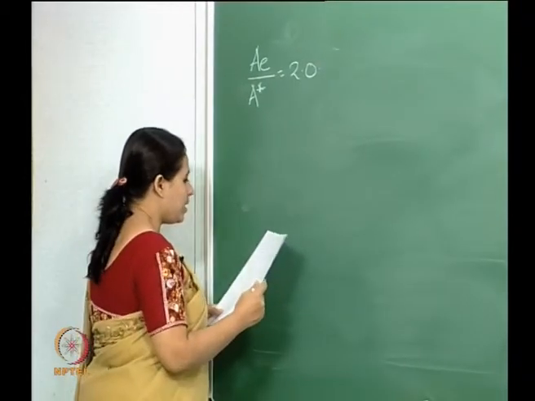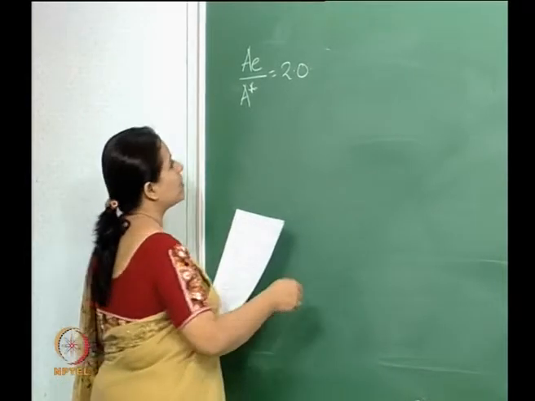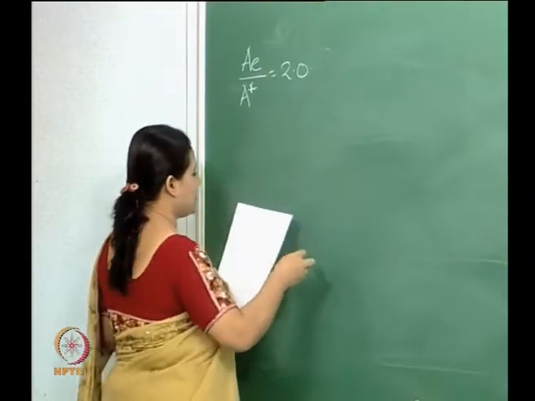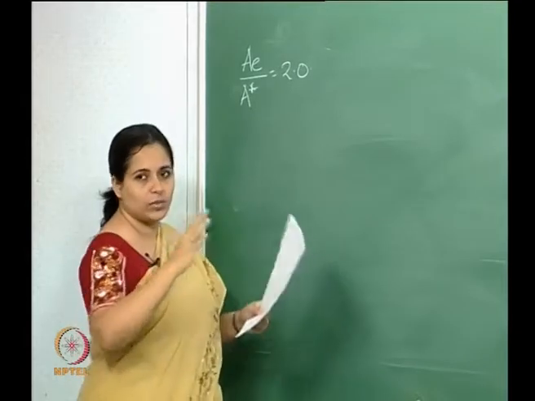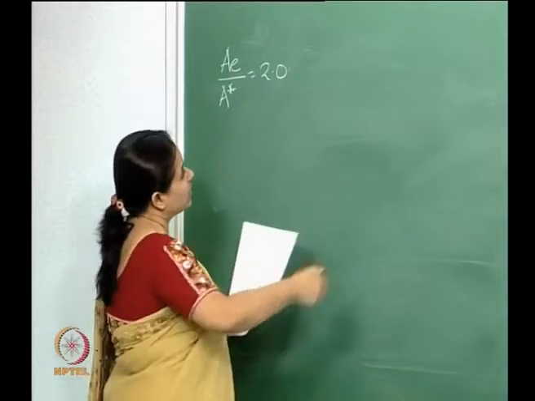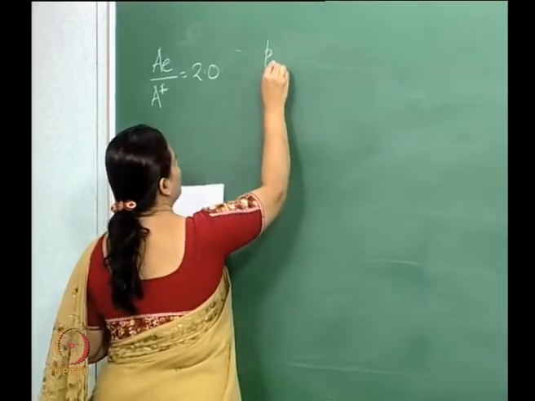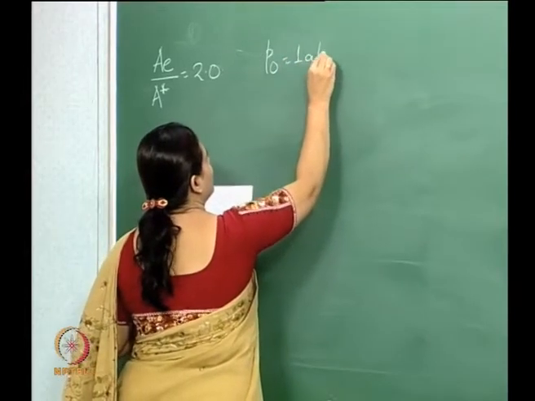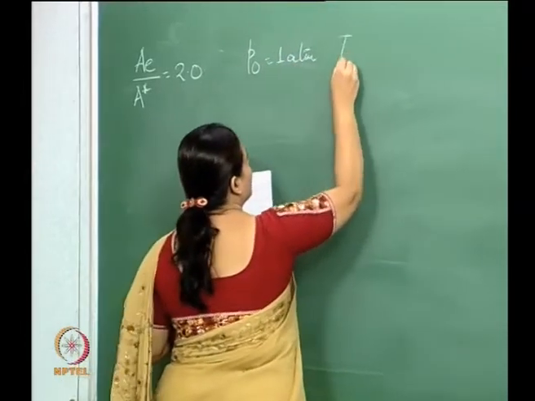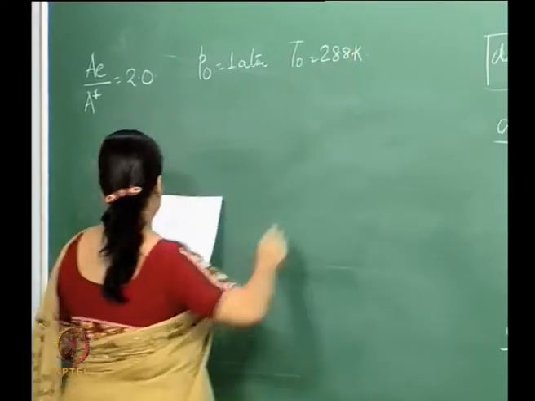The reservoir pressure and temperature are 1 atmosphere and 288 Kelvin respectively. So, basically the chamber in which you are producing the gas. The reservoir pressure is 1 atmosphere, this is given, and T naught is 288 Kelvin.